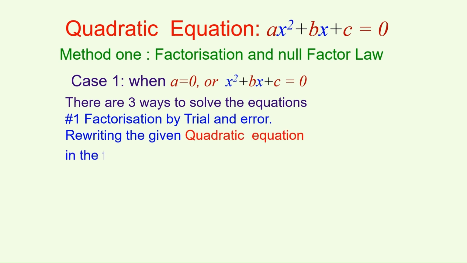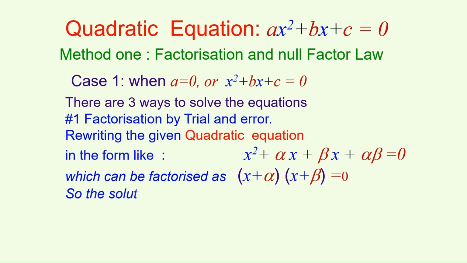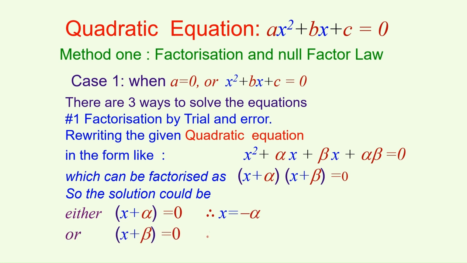Rewrite the given quadratic equation in the form x squared plus alpha x plus beta x plus alpha times beta equals 0, which can be factorized as x plus alpha times x plus beta equals 0. So the solution could be either x plus alpha equals 0, therefore x equals minus alpha, or x plus beta equals 0, therefore x equals minus beta.